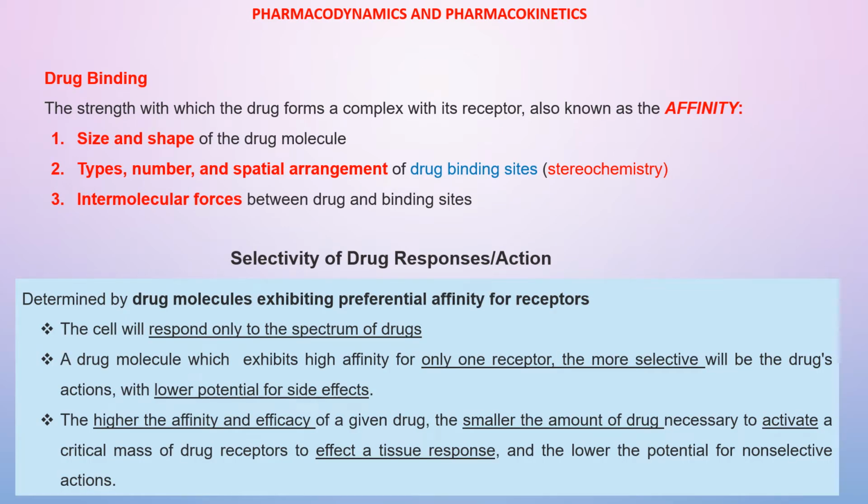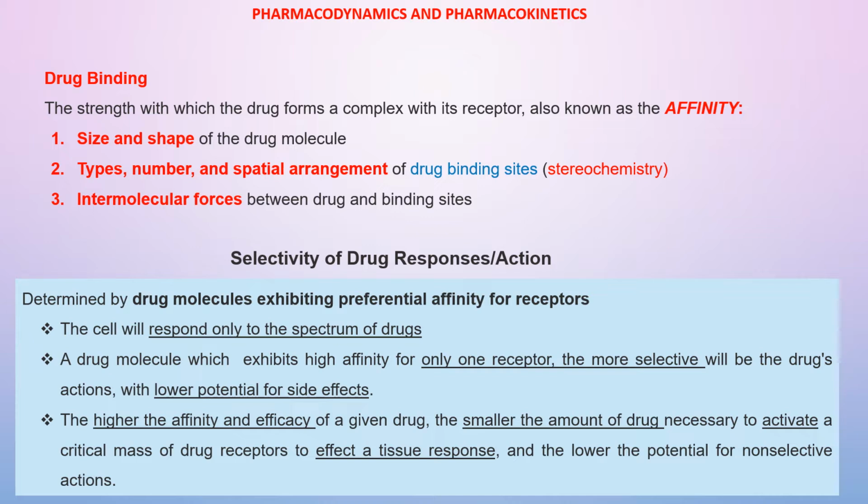The first step is binding of the drug to the receptor. The strength at which the drug forms a complex with the receptor is called affinity. It depends upon the size and shape of the drug. The drug is smaller in size than the receptor molecule.